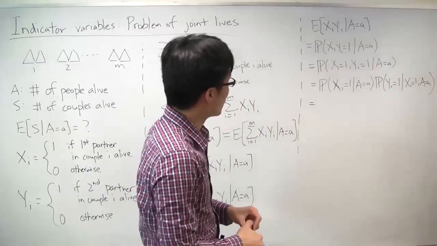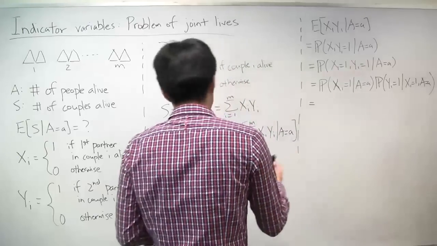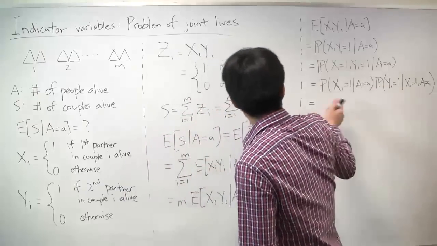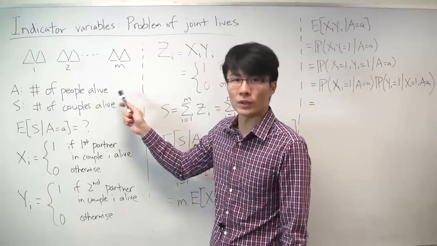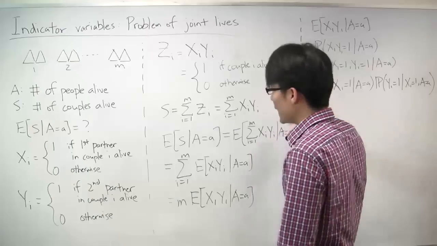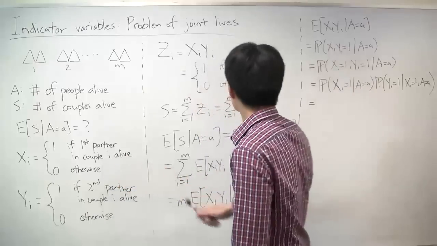So the first one is, what is the probability that X1 equals 1 given that A equals a? What does that mean in words? That means that conditional on there being exactly little a people who are still alive, what's the probability that the first partner in the first couple is still alive?